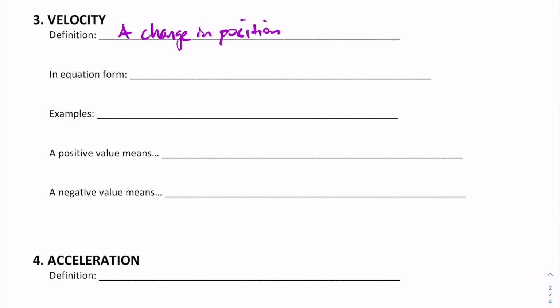A change in position is displacement, but now it's a change in position over time. This means we're talking about a rate. So another way of thinking of this is the rate of change of displacement, or I should say the rate of displacement.